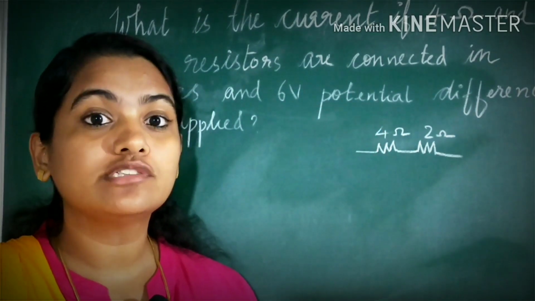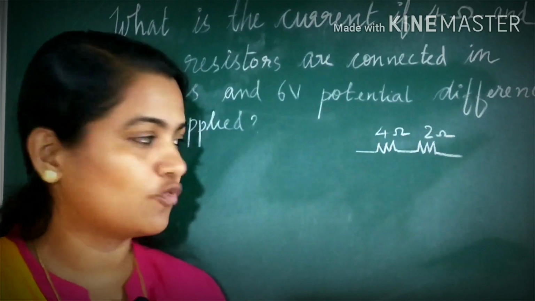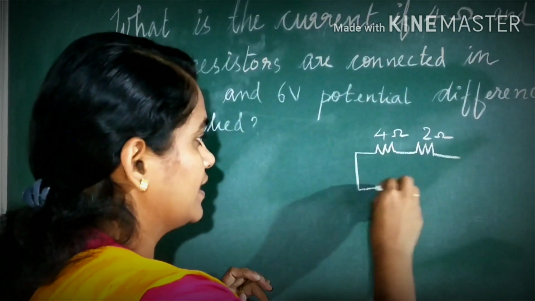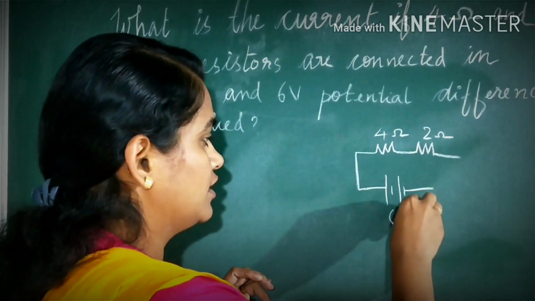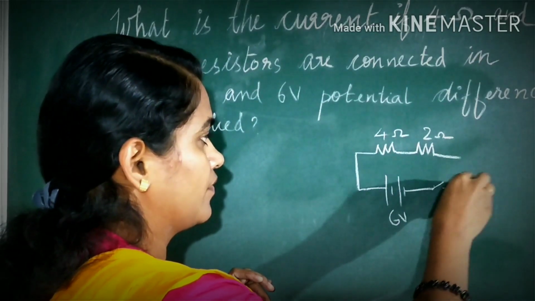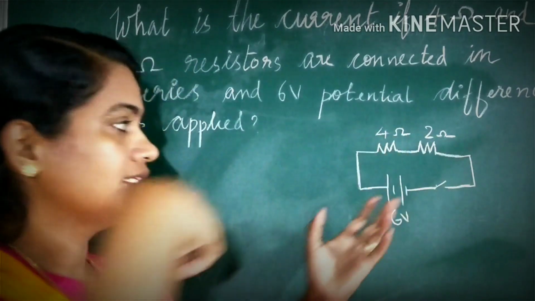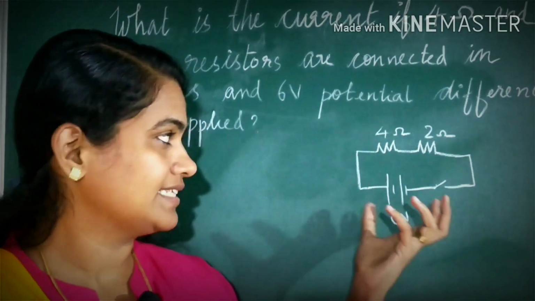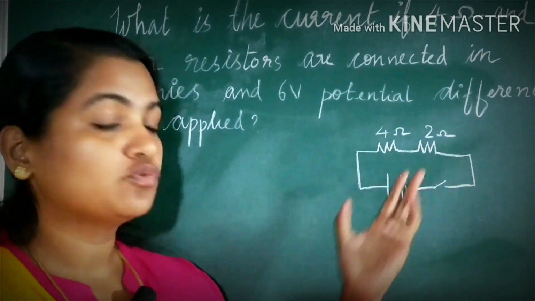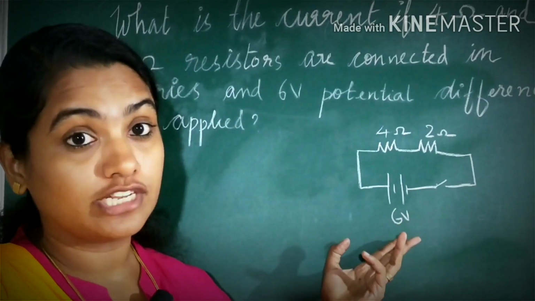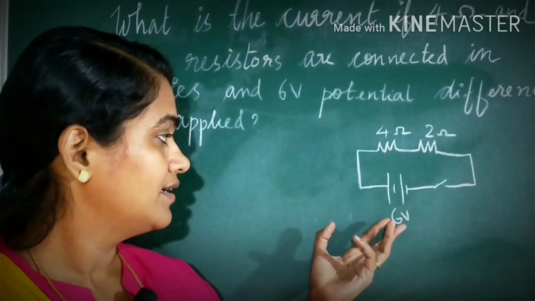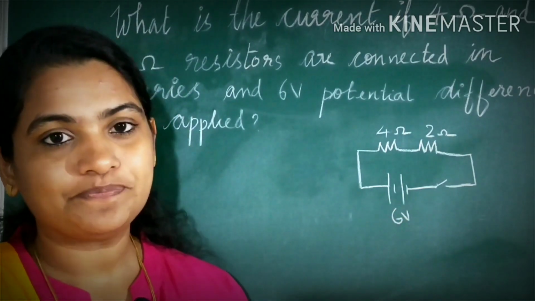So the source voltage is 6 volt, so we will connect a cell, a 6 volt battery. The circuit will be like this: 4 ohm and 2 ohm resistors connected in series and a 6 volt potential difference applied in the circuit.